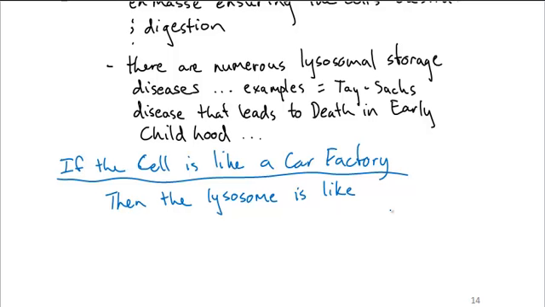And the best thing I could come up with is then the lysosome is like a paint, because you got to paint your cars. So paint or chemical, because I'm sure they use a variety of chemicals in the process. Recycling room.